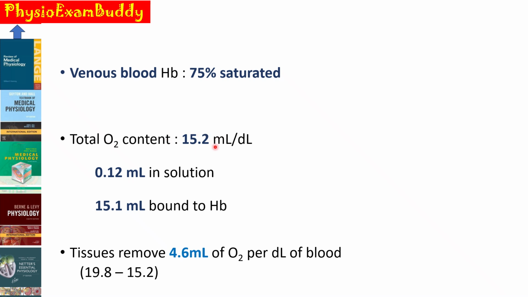Out of this total oxygen content of 15.2 ml per deciliter, 0.12 ml of oxygen is transported in the solution form, or in the dissolved state, and the rest, 15.1 ml, is bound to the hemoglobin and transported through the venous blood. So, at rest, the tissues actually remove about 4.6 ml of the oxygen from each deciliter of the blood passing through them.